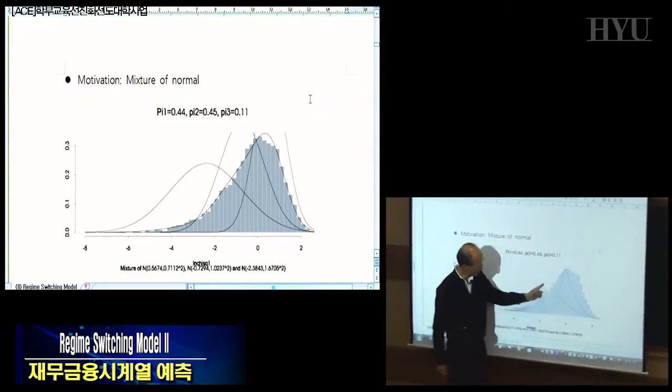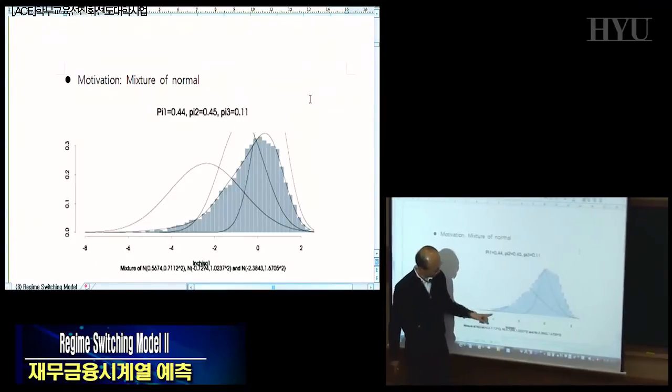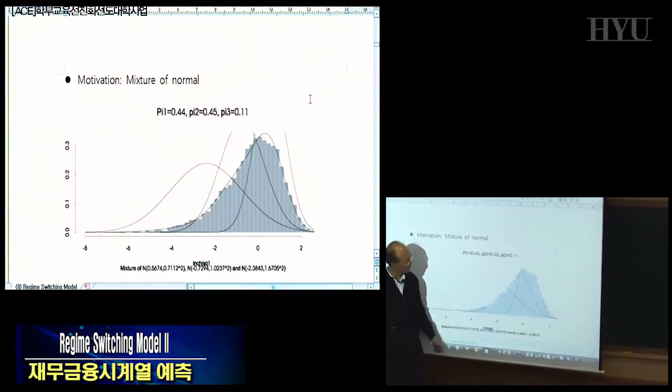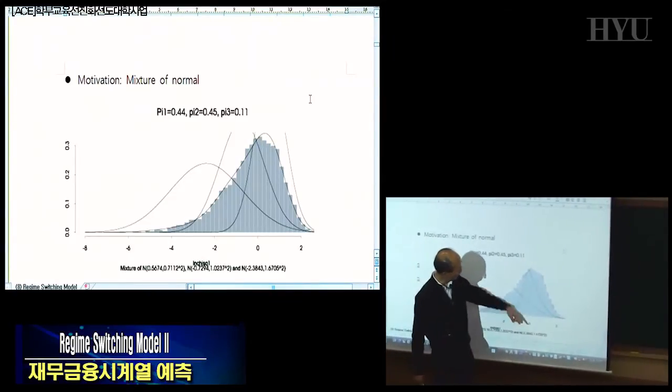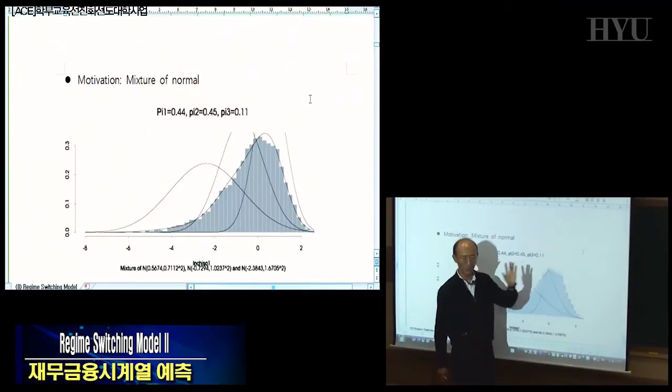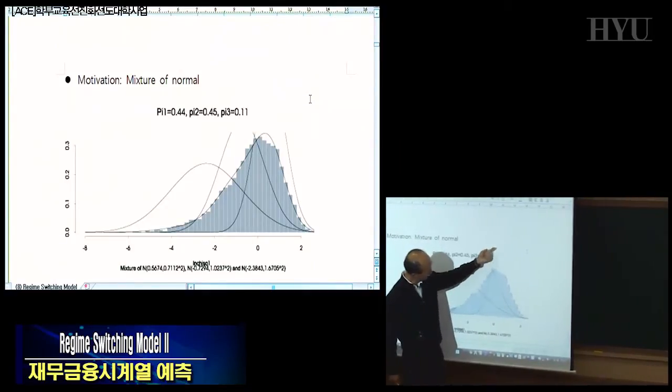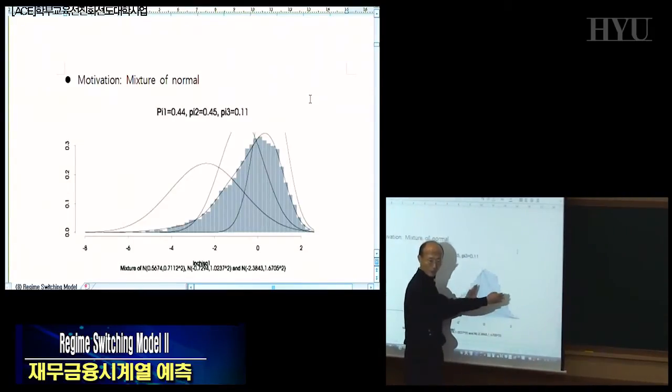And then some here and a little, right? So you can think of this as, let's say, there is some state with high mean and smaller variance.